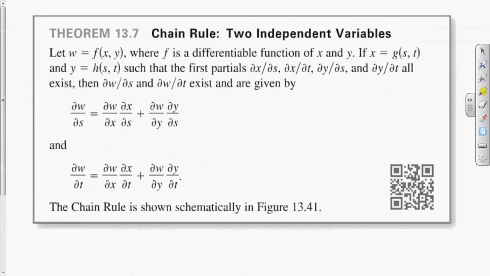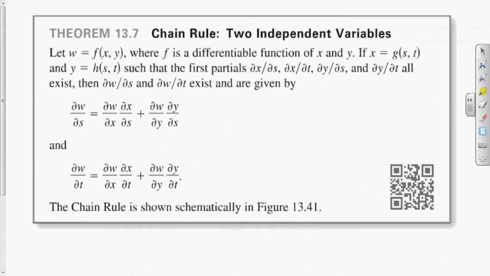Let's talk about the chain rule, where here the big function W, if you call it that, depends on two independent variables. That is, W is a function of X and Y, but X depends on two variables, S and T. Right?